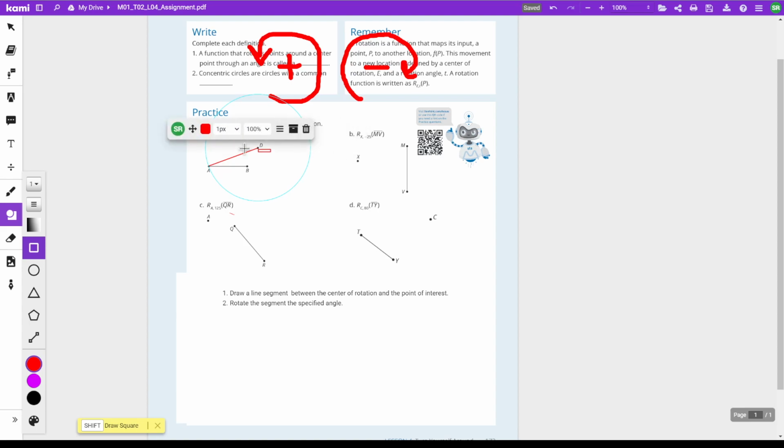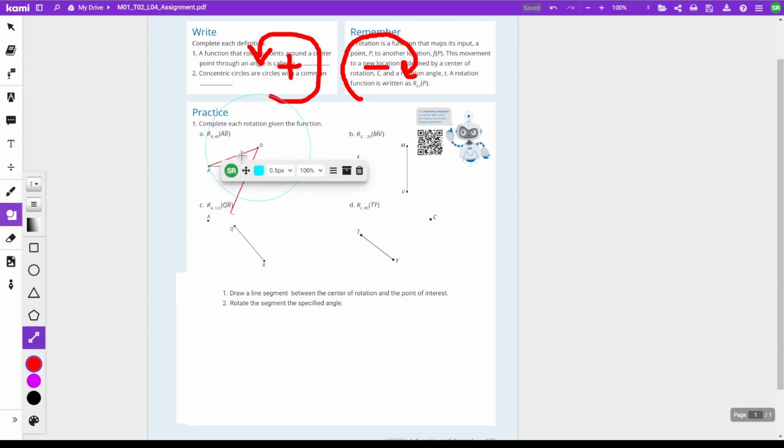And let's do that and grab our line tool. And then we're going to go ahead and make our line segment to that point that we made on the protractor. Okay, so now we have rotated this line 45 degrees in the counterclockwise direction.